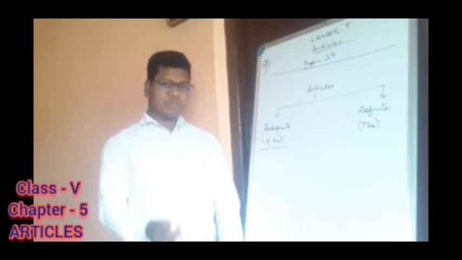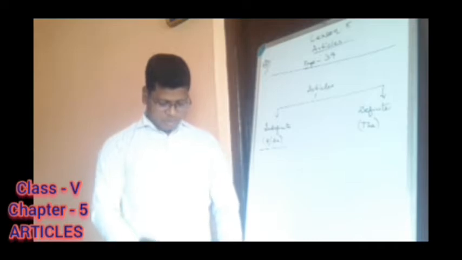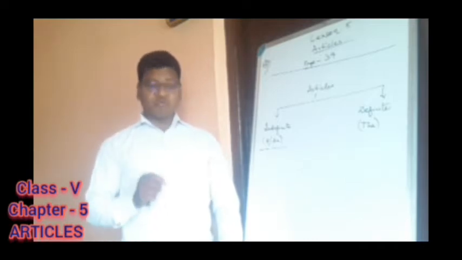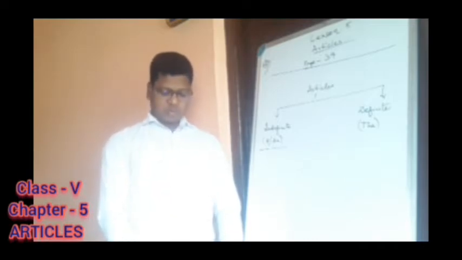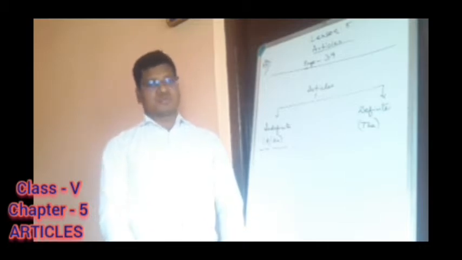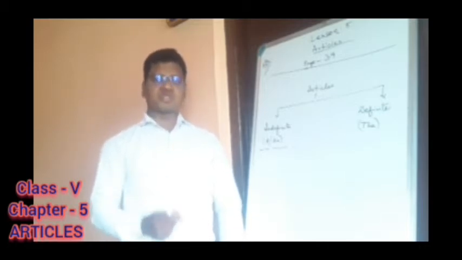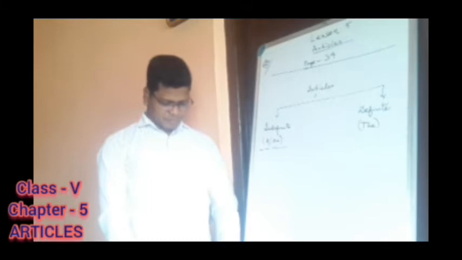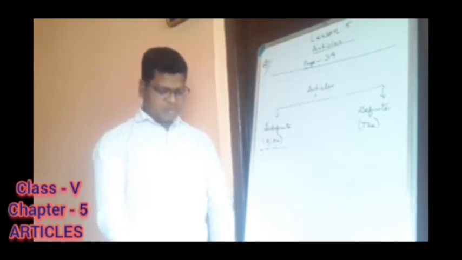So when we say the boy, that means the boy of whom we are speaking, the person who is known to us beforehand. So these are some usage, please remember.